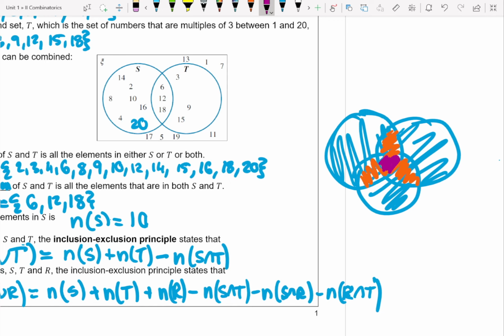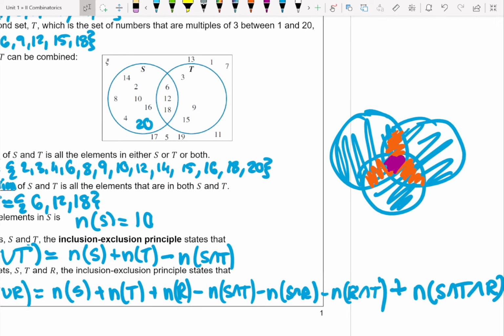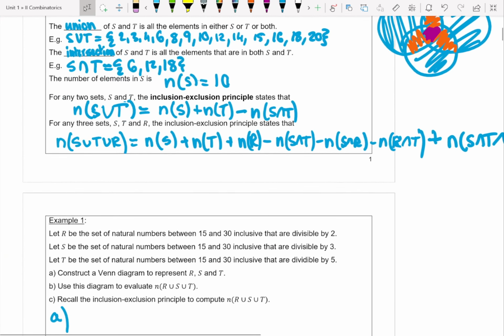So this purple part that I'm shading here has not been accounted for because we added it 3 times and then subtracted it 3 times. So we actually have to add that back in. So that will be adding the intersection of all 3 sets. And that is our inclusion-exclusion principle for 3 sets.